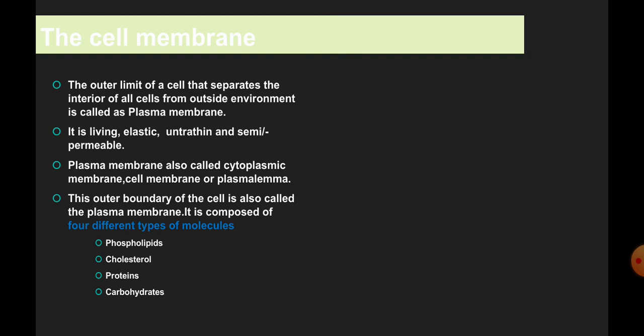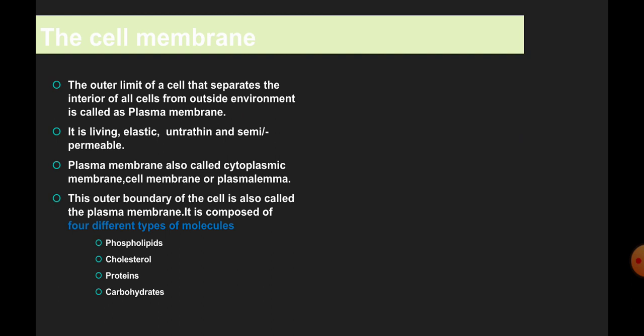So now we will know about the cell membrane. The outer limit of a cell that separates the interior of all cells from the outside environment is called the plasma membrane, cell membrane or plasma lemma. It is living, elastic, ultra thin, and semi-permeable.